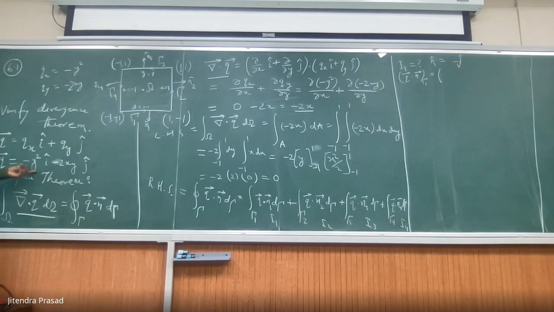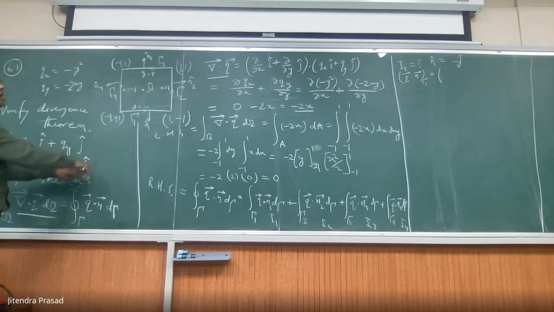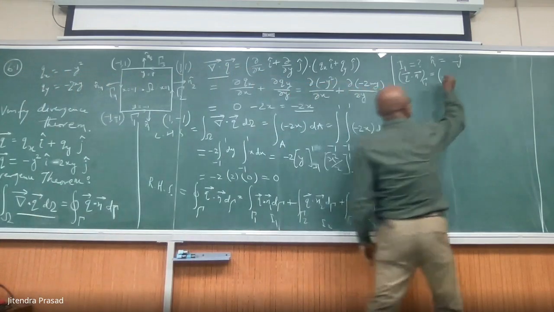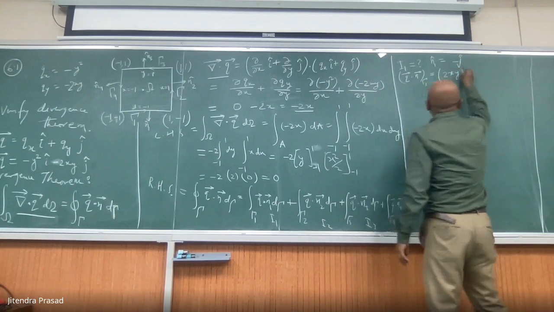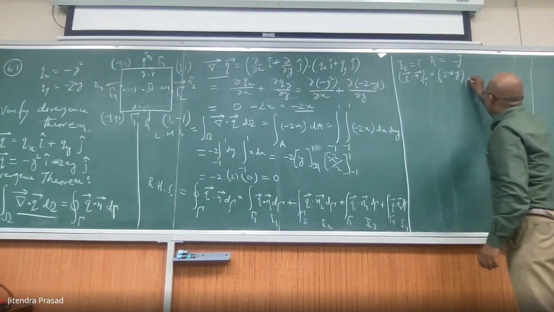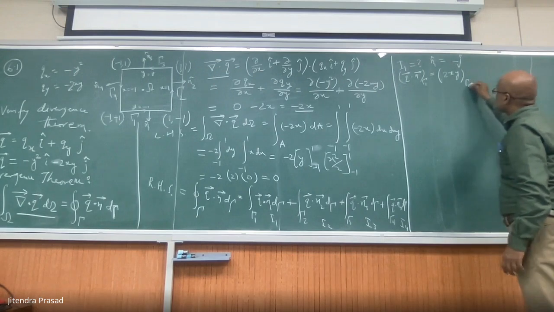So minus y squared i, and we are doing dot minus j, right? So i dot j is 0. So this term is gone. And then we have j dot j, minus plus, so it becomes 2xy simply, right? So we get 2xy, and at gamma 1 what is it?